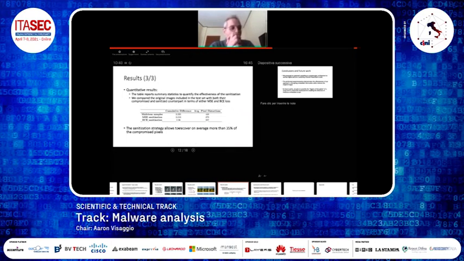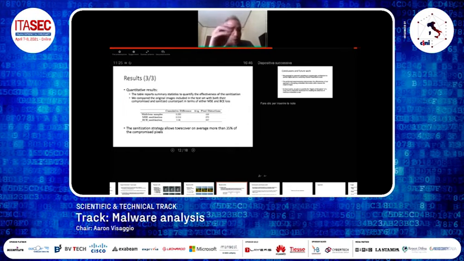In this slide, I'll show some quantitative results. The table reports some summary statistics to quantify the effectiveness of the sanitization. In particular, we compared the original images included in the test set with the sanitized and corrupted versions in terms of mean square error and binary cross entropy loss.